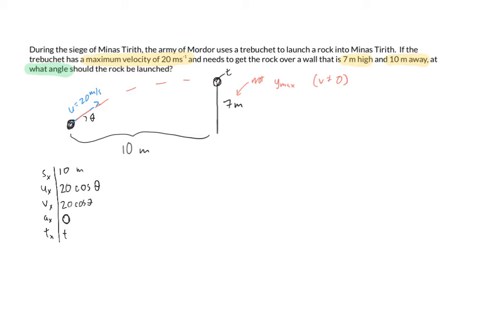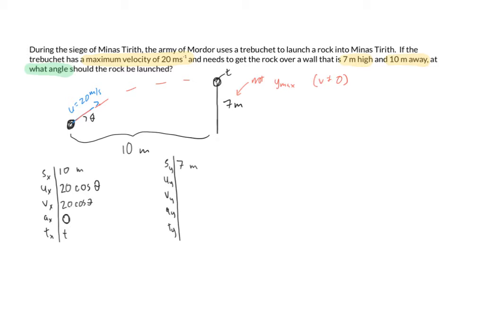Now, I'm going to do the same thing in the y direction. So sy, uy, vy, ay, and ty. Now, my displacement in the y direction is 7 meters, and it's positive because our projectile is still going up. It starts at 0, it ends up at 7.